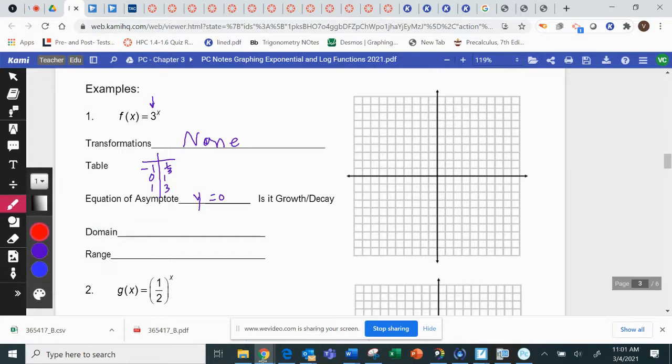Let's go ahead and graph our asymptote at y equals 0. Graph these ordered pairs at -1, 1/3, 0, 1, 1, 3. If you needed more ordered pairs and plugged in 2, you'd get 9. That one would at least fit on the graph.